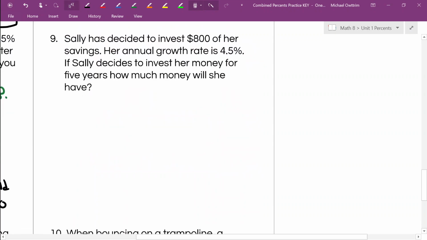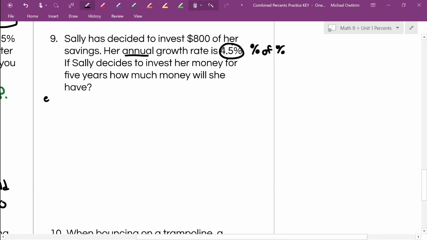In question 9, we have a percent of a percent question. So Sally has decided to invest $800 of her savings, and her annual growth rate, annual meaning each year, is 4.5%.